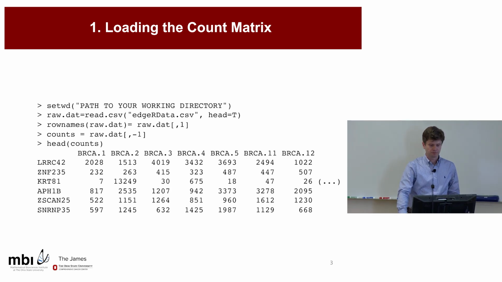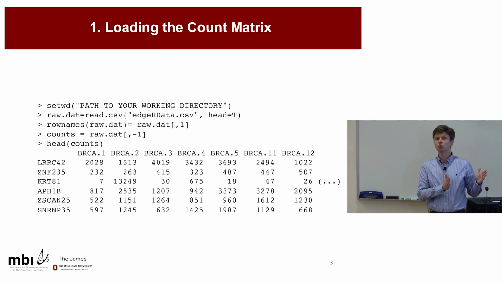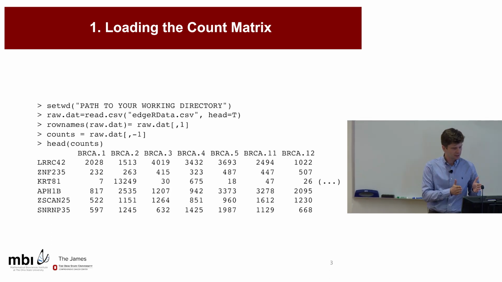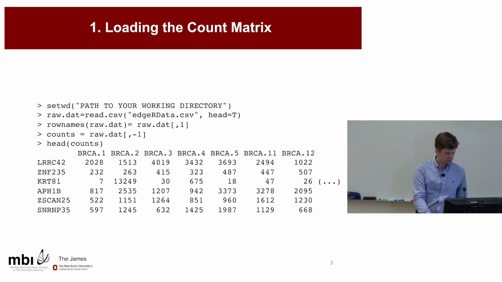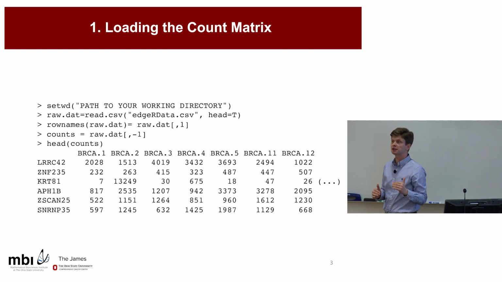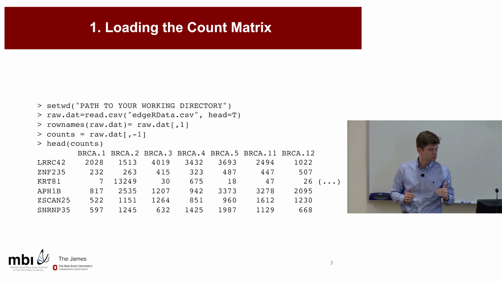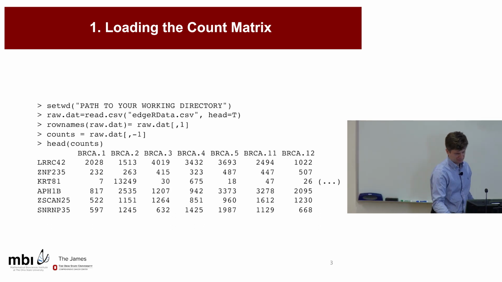And then you have to take the first column, make row names using the data included in it, and remove it. And after processing it, hopefully when you type head counts, that would display the first 6 rows of the R object, you should see something like this.